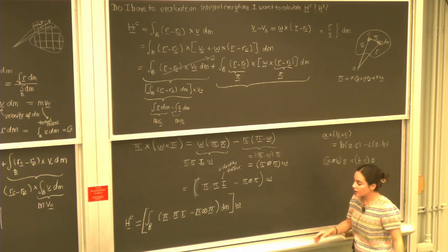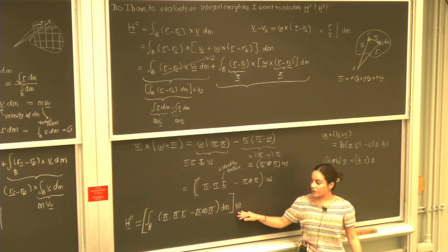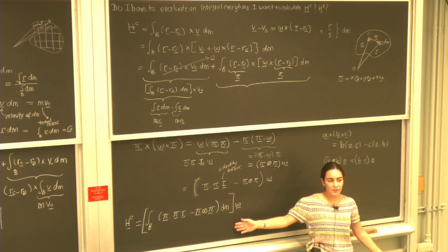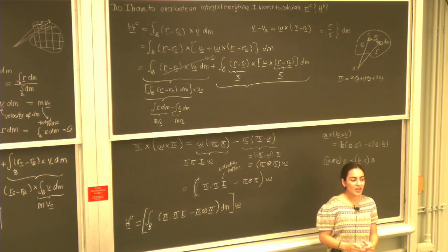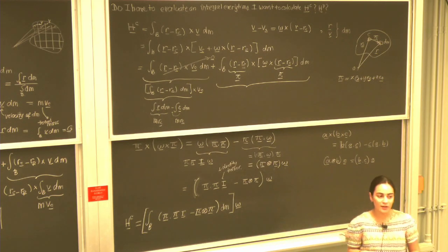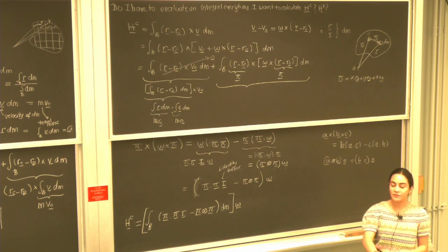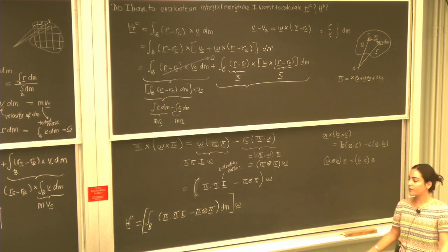So what did I do? I took omega outside the integral because omega is a property of the whole rigid body. It does not depend on the specific dm. So omega will not change depending on which dm I'm considering. It's not r or v. Omega is the property of the whole rigid body.